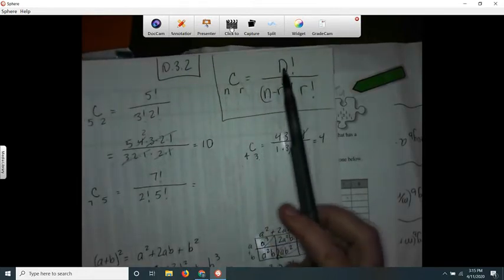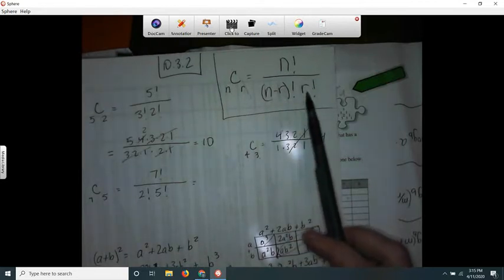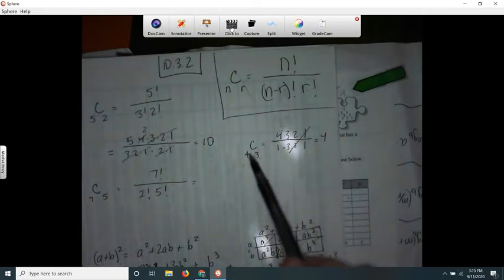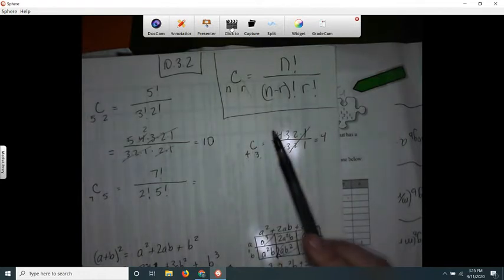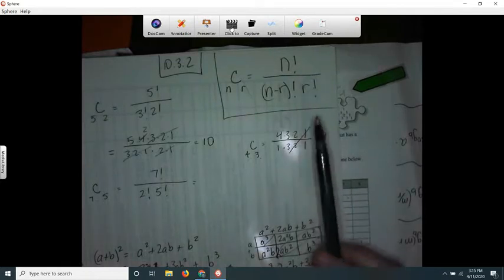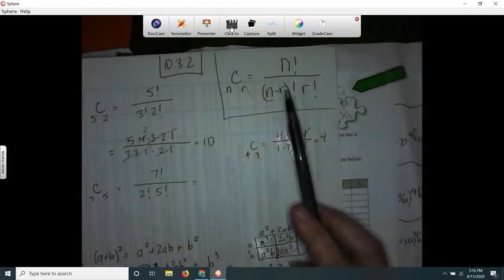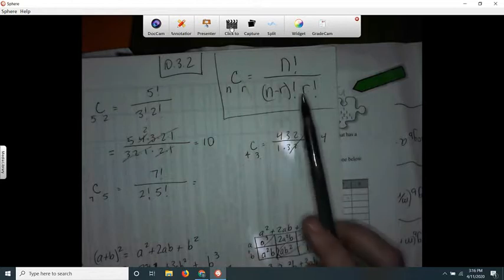So, for instance, if I want to take the combination of 4 things taken 3 at a time, 4 is the n, so I'd go 4 times 3 times 2 times 1, because that's what factorial means, divided by, well, 4 minus 3 is 1, and then r factorial, that's 3 times 2 times 1, and I like to do fraction math. I notice that these all cancel out, and I get 4.